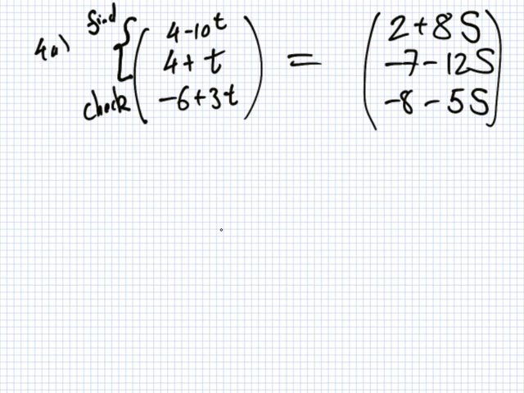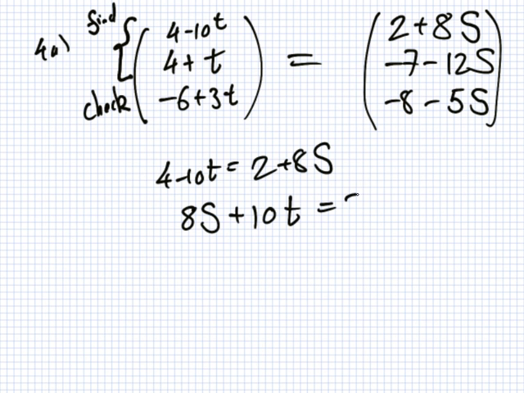So you would say 4 minus 10t equals 2 plus 8s. So that means 8s plus 10t equals 2. And likewise for the second equation you can say 12s plus t, I take the 12 over and take the minus 11, isn't it? Okay, and I want to solve these.